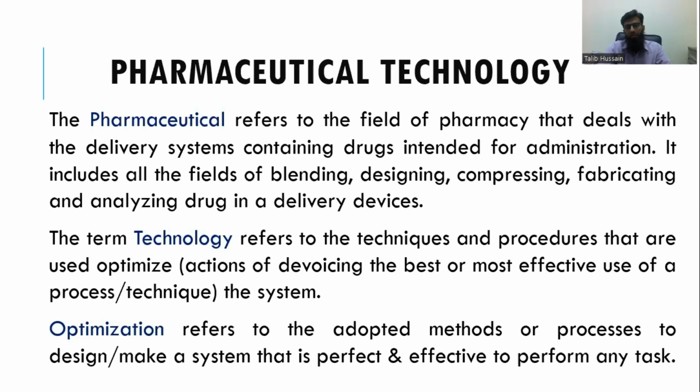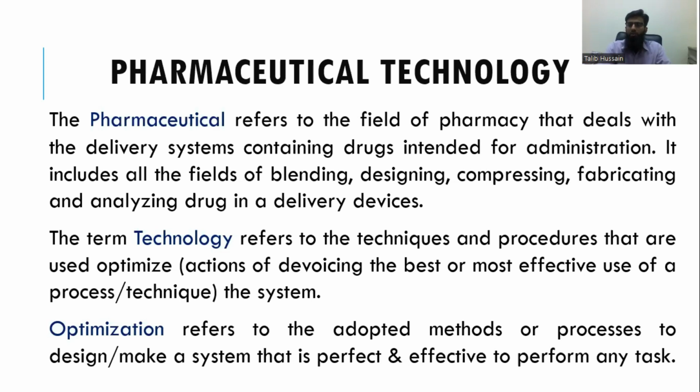And technology, as I described, is a process or a technique or a procedure which is used to optimize any system. Means for a pharmaceutical system, we need to optimize the pharmaceutical process, we will need a technology, we will adopt a technology or use an optimization process.